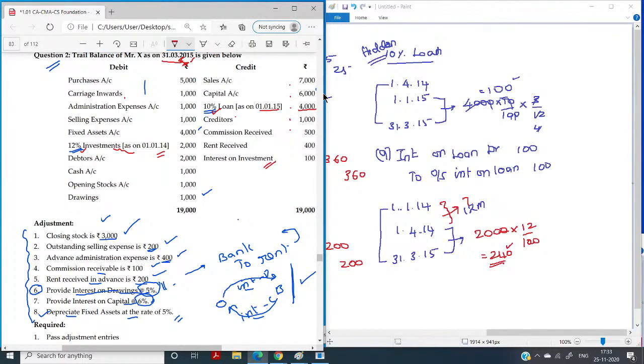The interest on investment in the credit side is 100, though as per our calculation it comes to rupees 240. It means 140 rupees is still outstanding. Is it clear? 140 is still outstanding.